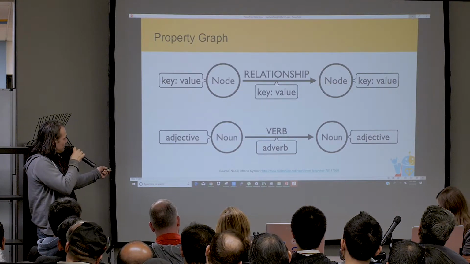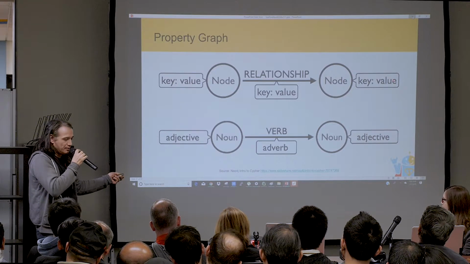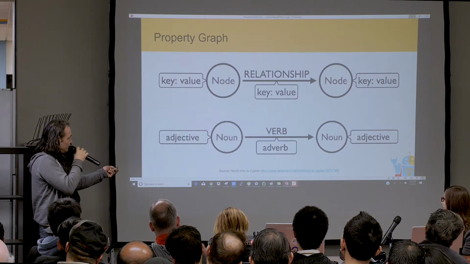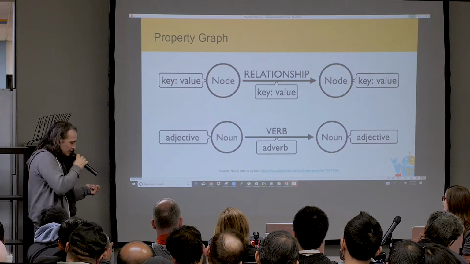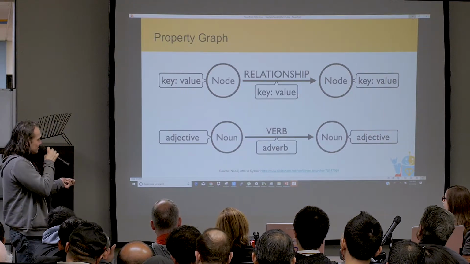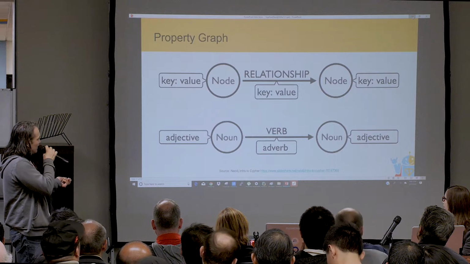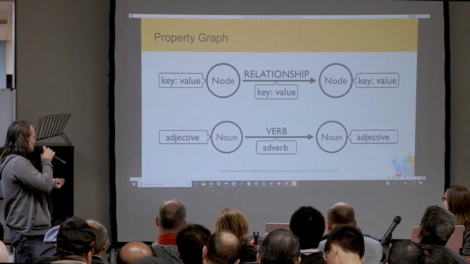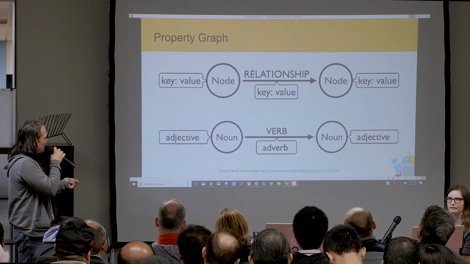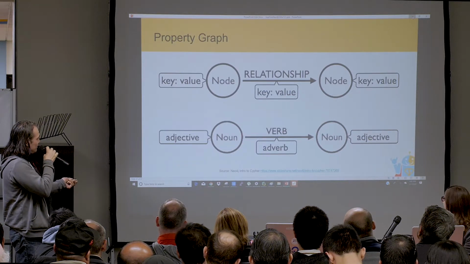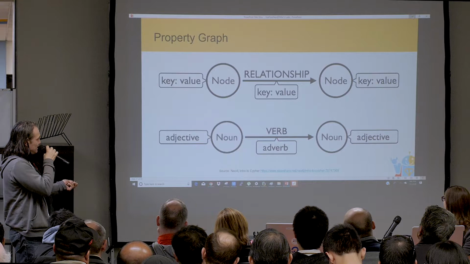This is a relationship which also contains a key value pair, which is pointing to another node that contains a key value pair. So you can think of it, if you translate it to English, nodes are essentially nouns. Key value pairs are what describe it, as adjectives. The relationship does something, it is a verb, and what describes that is the adverb.